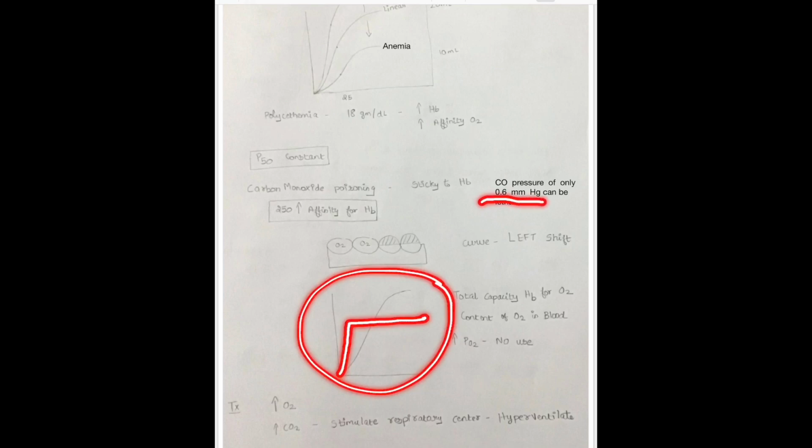So the curve shifts to the left side and becomes flat. This is how you find carbon monoxide poisoning using this curve. Even 0.6 millimeter of mercury is very lethal to the human body. So that's it for the transport of oxygen.